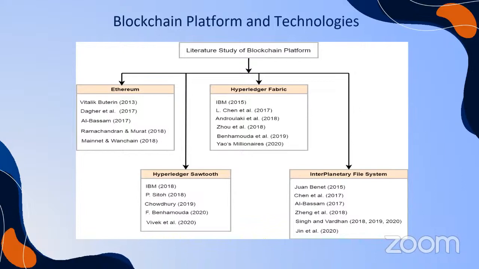There are certain advantages of using IPFS in comparison to the other platforms available, Ethereum, Hyperledger Fabric, and Hyperledger Sawtooth. It follows a peer-to-peer architecture that provides a decentralized way for the storage and retrieval of files. It is a distributed versioned file system that allows different kinds of applications to be built on top of it.